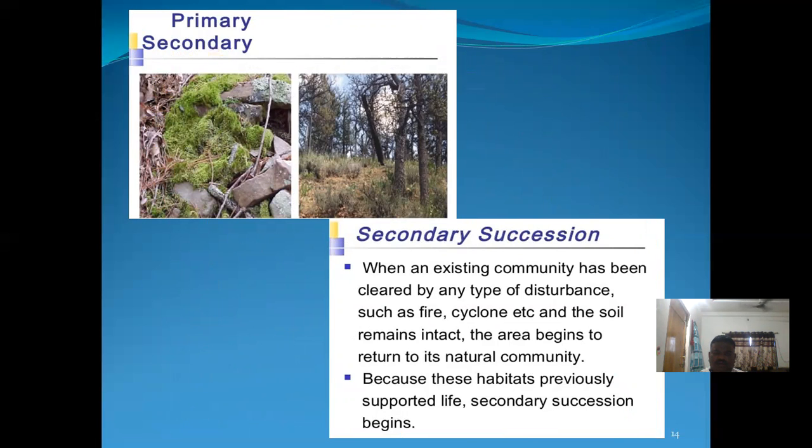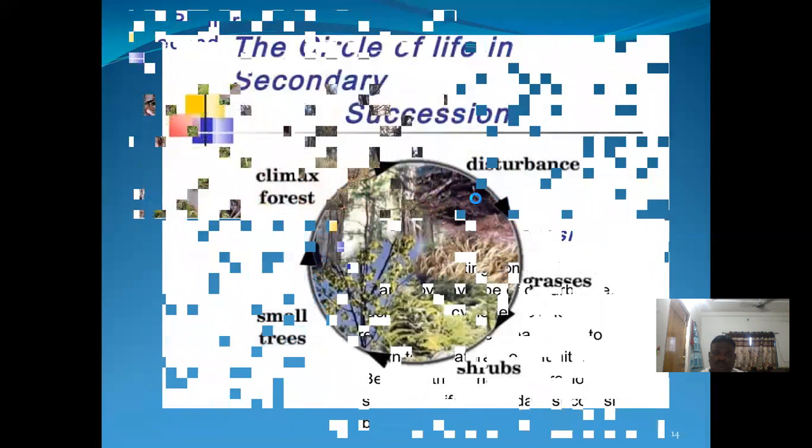In secondary succession, when an existing community has been cleared by any type of disturbance such as fire, cyclone, etc., and the soil remains intact, the area begins to return to its natural community because this habitat previously supported life. Secondary succession begins.